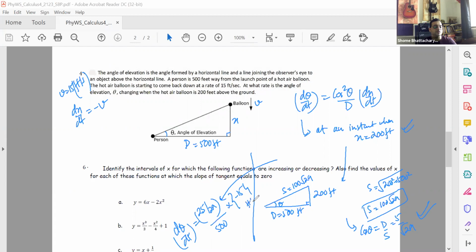Okay, now this is in feet per second, this is in feet in the denominator. So you will see we'll get d theta by dt in per second. Okay, so when we solve this, we'll get this as 15 into 25 divided by 29 into 500. So when you work that out, it will come out to be minus 3 by 116. Now the unit is per second, feet and feet are cancelled.